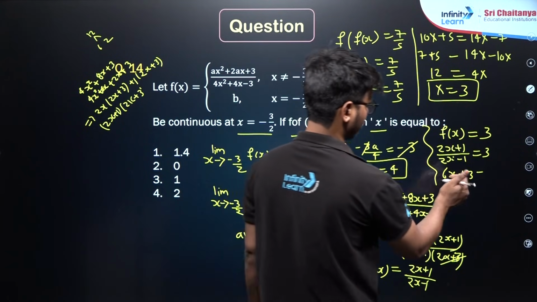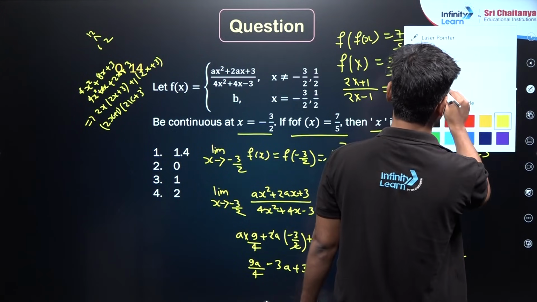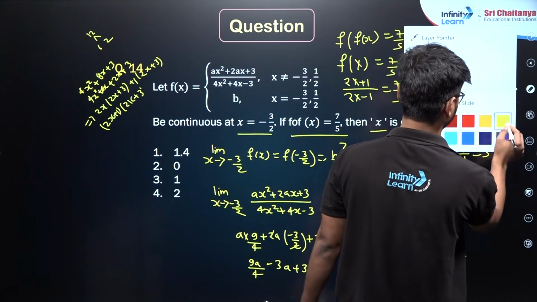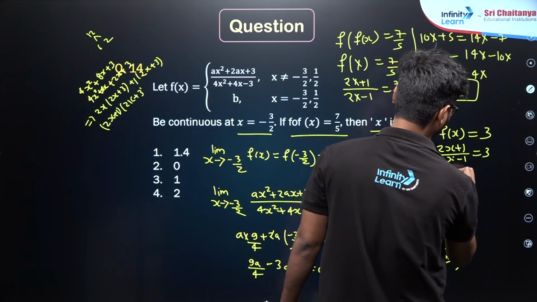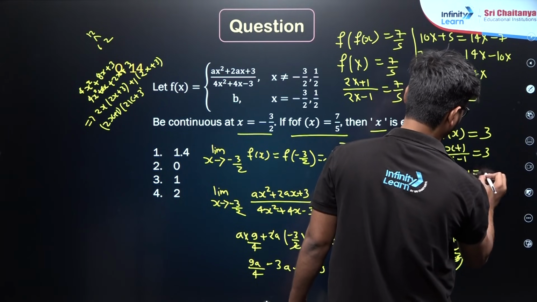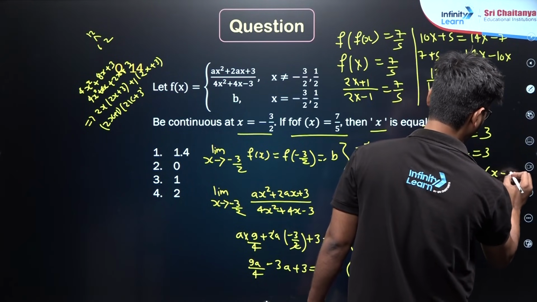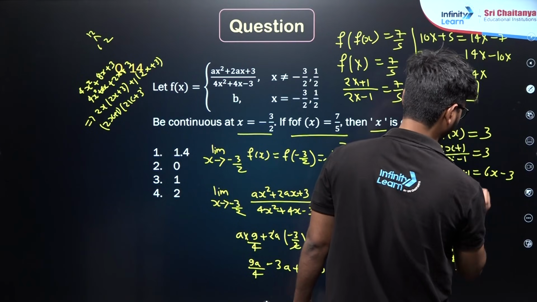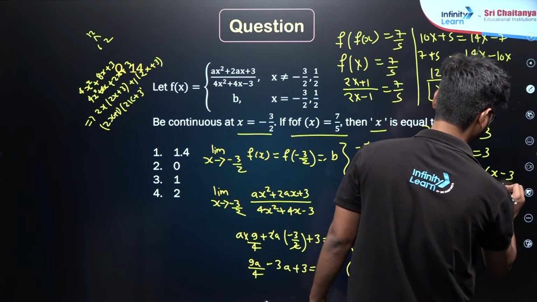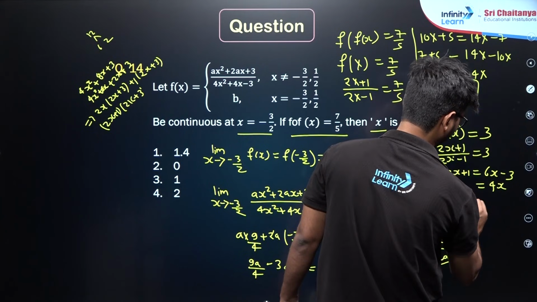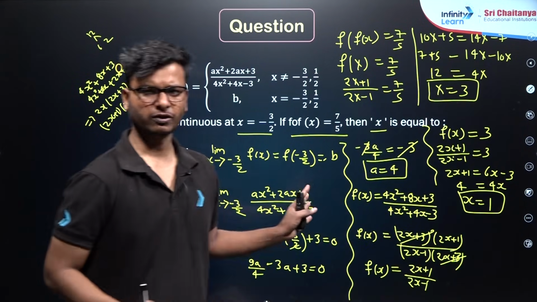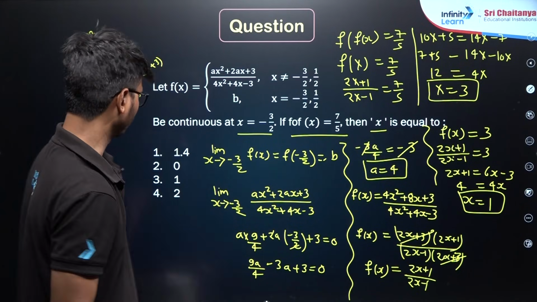Okay, so 2x plus 1, it will be 3 2s are 6x minus 3. So it will be 6x minus 2x is 4x, and here it will be 4. So the value of x we are going to get is 1. Okay. So the problem was lengthy, but finally we are getting the answer as x equals 1.